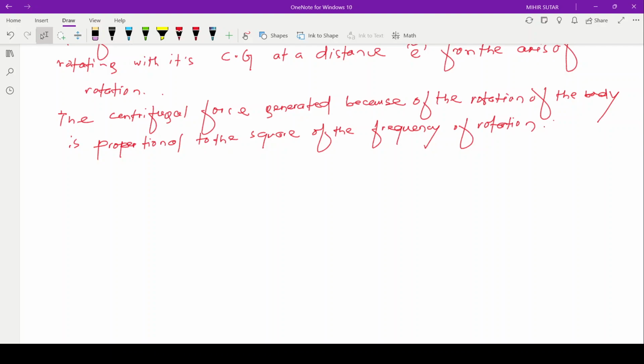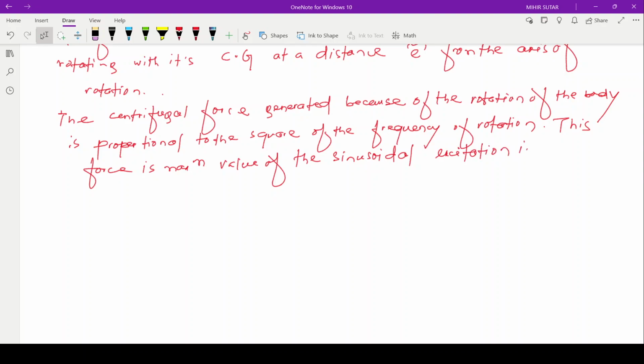This force is the maximum value of the sinusoidal excitation in any direction.